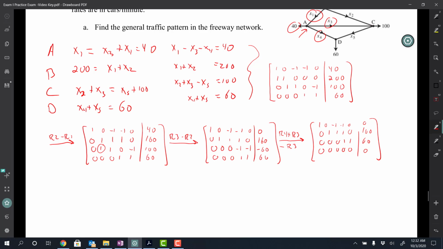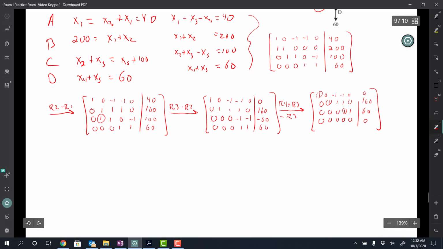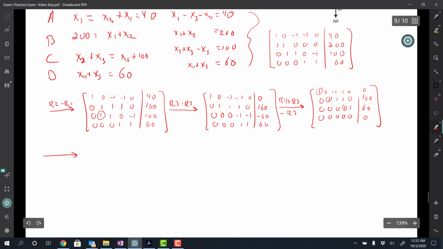All right, so now I have a pivot position here, here, and here. I just have to get zeros above those pivots. So my next row operation is going to be row 2 minus row 3. All right, last row of all zeros. Then I have row 3, which will stay the same.